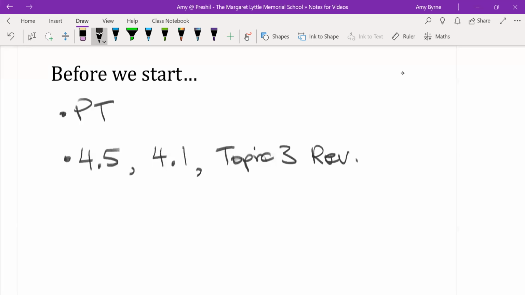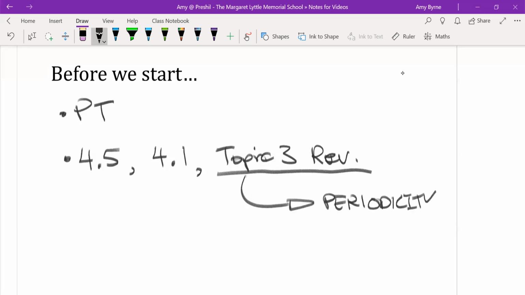Because the topic 3 revision is important because what we're about to do links into periodicity, especially ionic radius. So I'll give you a second to go and grab yourself a periodic table and to double check that you've seen the 4.5, 4.1 and that you're up to date with your periodicity.